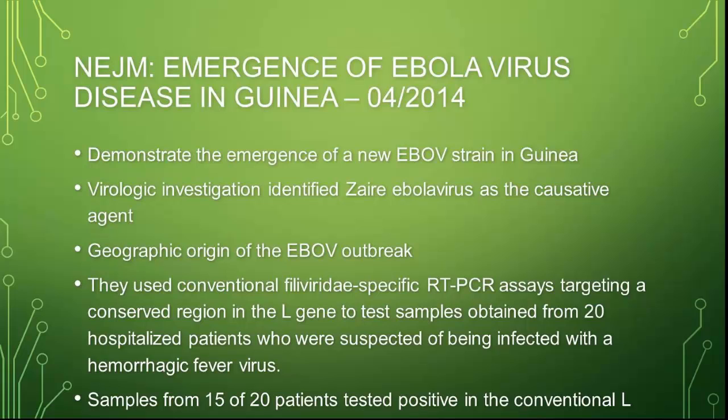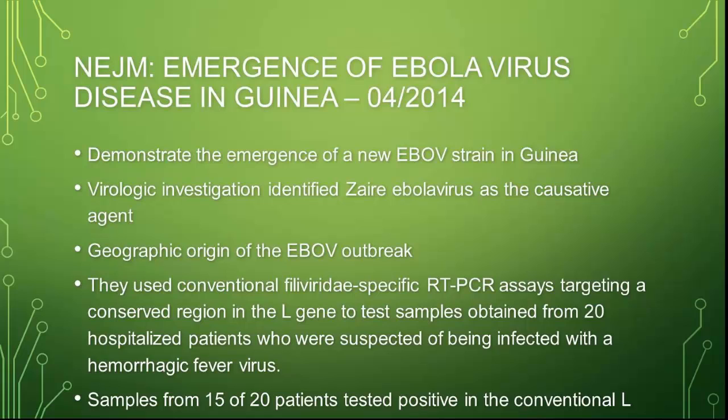There was an article published two months ago in the New England Journal of Medicine that Dr. Green sent out. They were trying to trace the origin of the infection, and they demonstrated the emergence of a new Ebola virus strain in Guinea, which is the Zaire type, the one with the highest mortality rate.